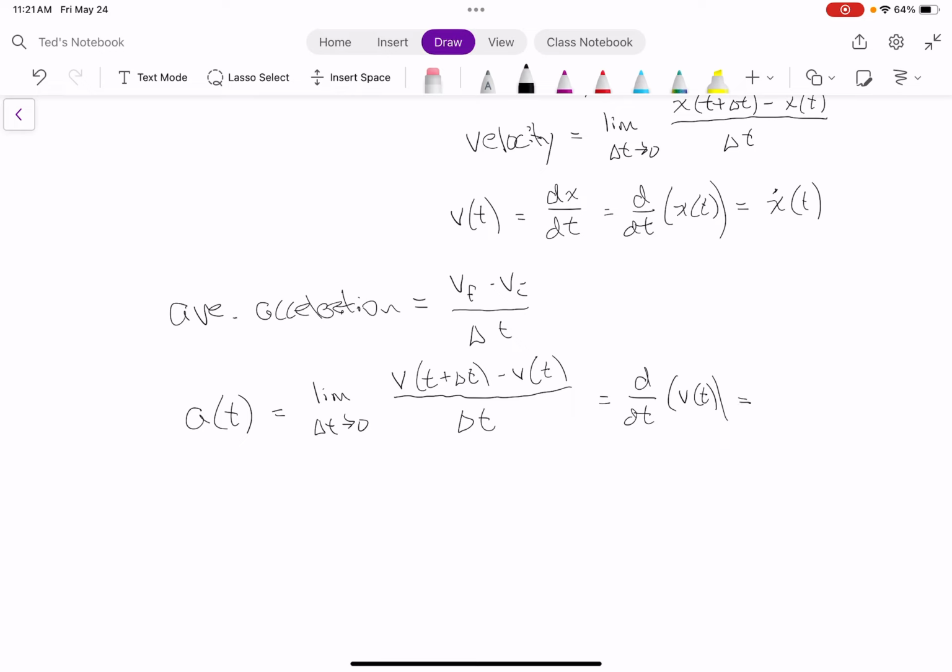Or another way of writing that is dv dt, or another way of writing that is v dot. V dot means the derivative with respect to time of velocity.